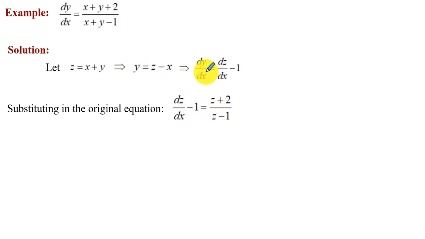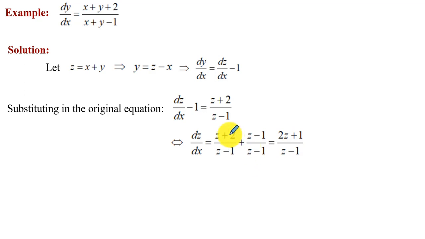You can see that the right hand side dy/dx is this, which we got on the left hand side here, and on the right hand side you simply replace this by z, that by z, and we get something exactly like this. Then simplifying that, grouping, separating one on both sides of this equation, you can see I've written my 1 in terms of z minus 1, z over z minus 1, which is a 1.